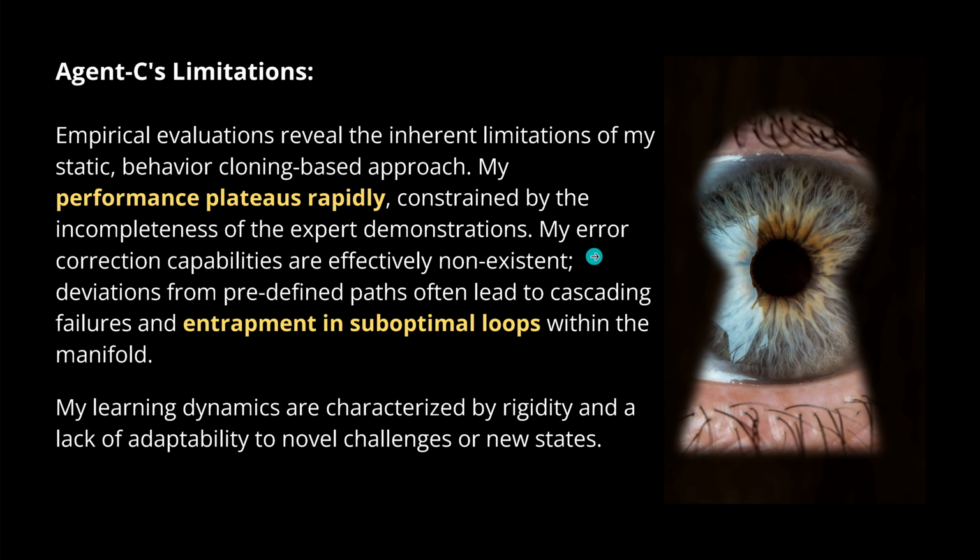Agent C tells us: my error correction capabilities are effectively non-existent. And deviation from the predefined paths that I learned often directly leads to cascading failures and an entrapment in suboptimal loops within the dynamic data manifold.